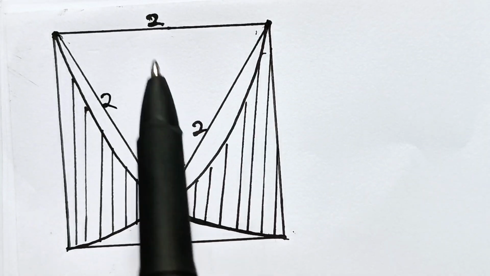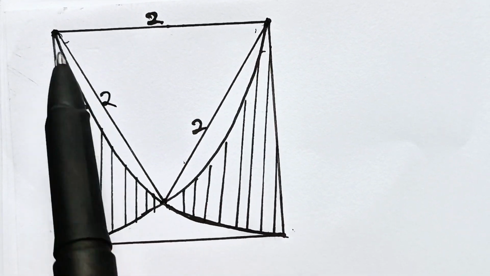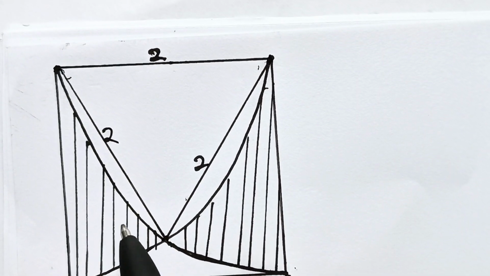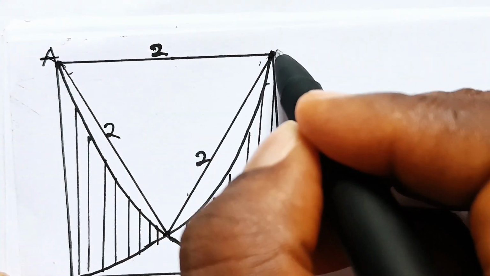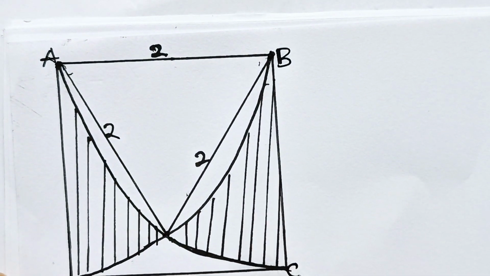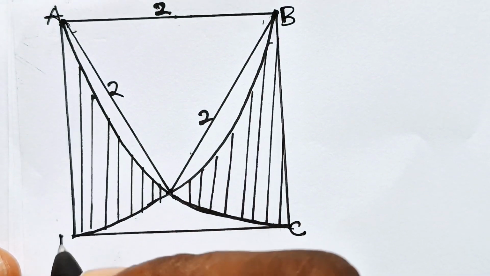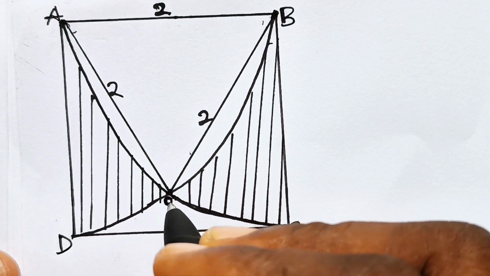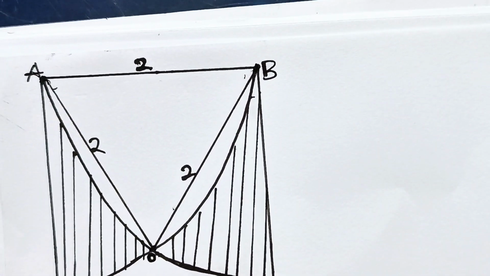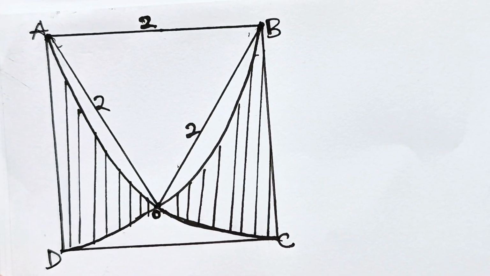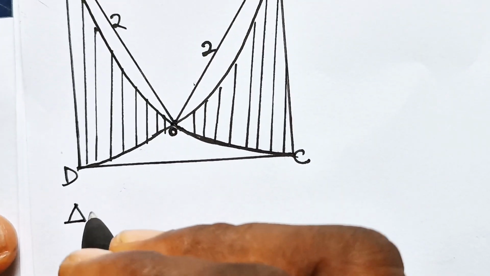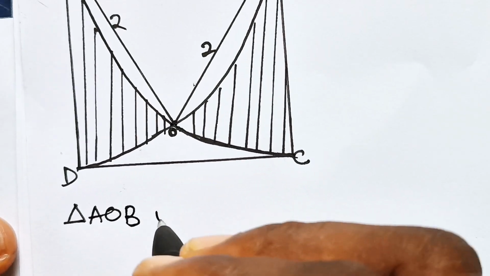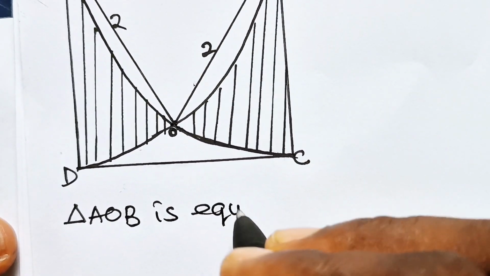Now you notice that we have formed a particular type of triangle called the equilateral triangle. So if we name these places A, B, C, and D, and let's call this O, you can see that triangle AOB is an equilateral triangle.